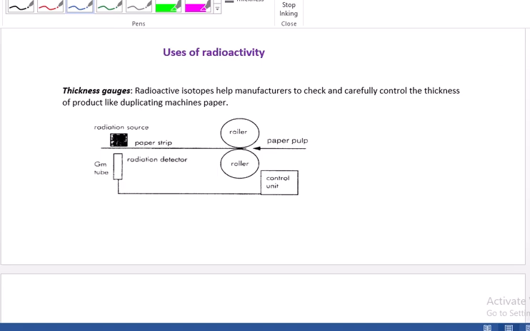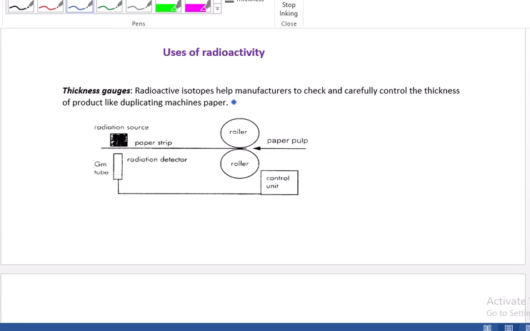So the first thing that we are going to talk about, in the use of radioactivity, is the thickness gauge. Radioactive isotopes help manufacturers to check and carefully control the thickness of a product like duplicating machine paper.